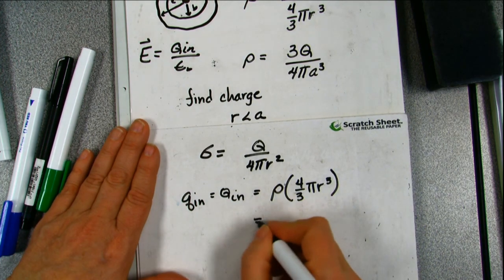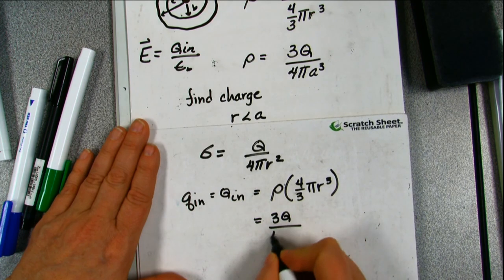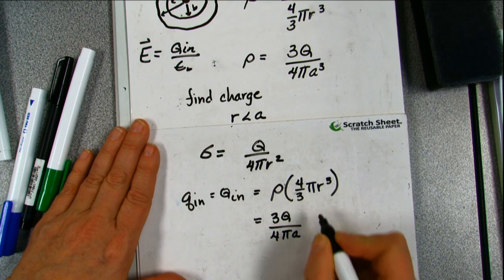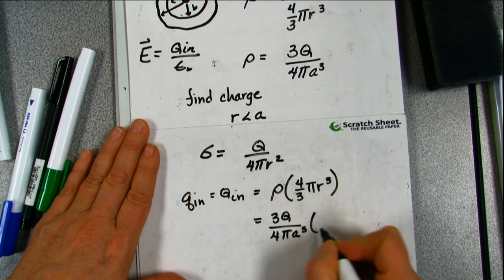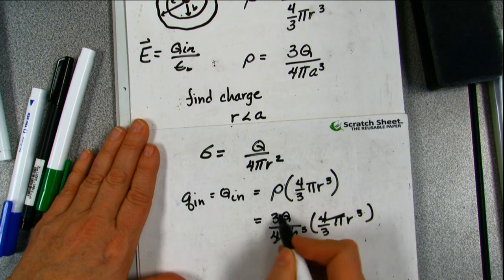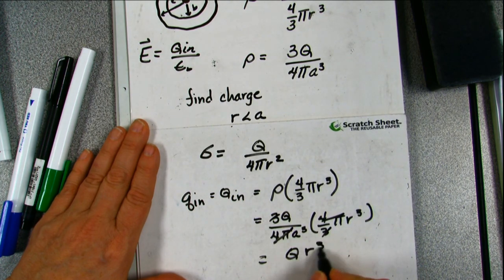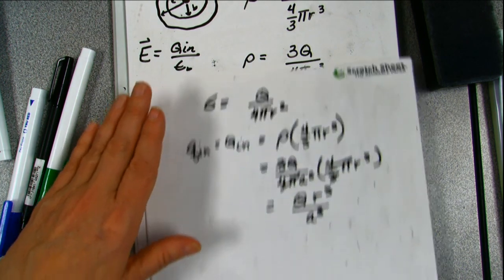We already knew what the charge density is. That's 3Q over 4 pi A cubed, times 4/3 pi R cubed. 4 pi cancels out, 3 cancels out. I end up with Q R cubed over A cubed.